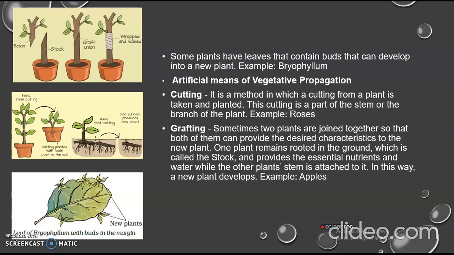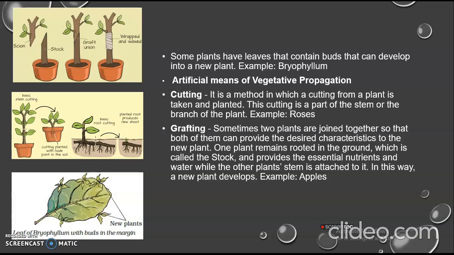It's a basic process where two plants are joined together so that they can provide the desired characteristics to the new plant which will be formed. One plant will be rooted in the ground, and the other's stem is attached to it.